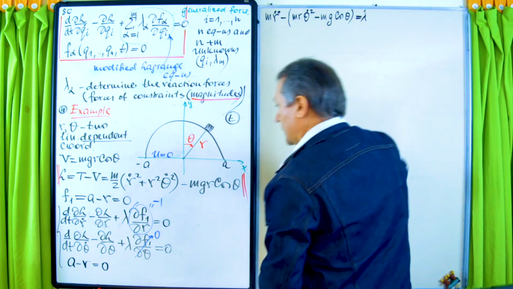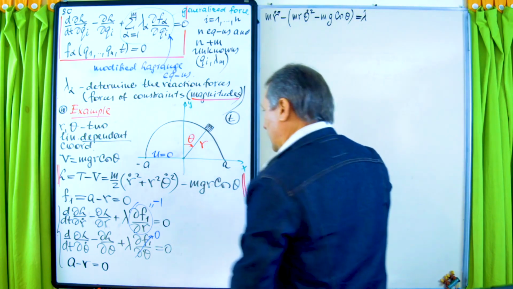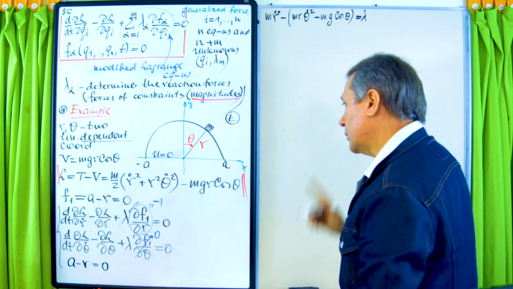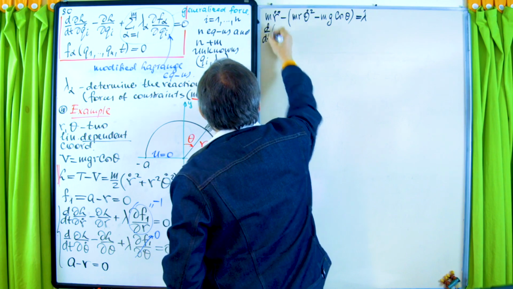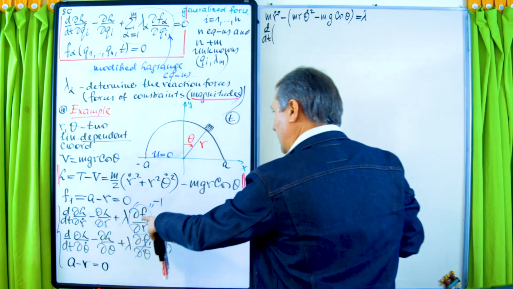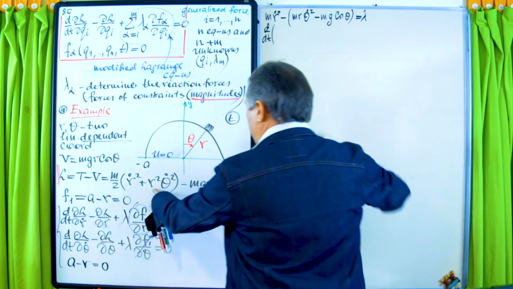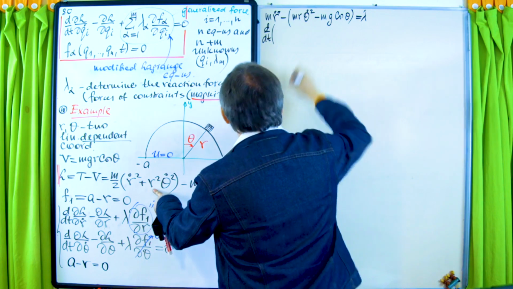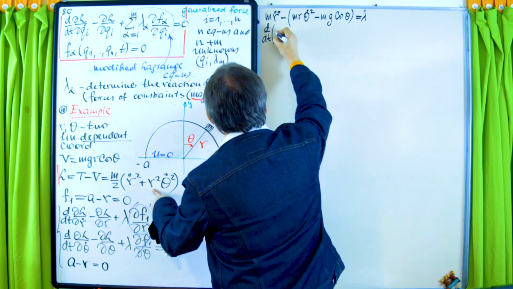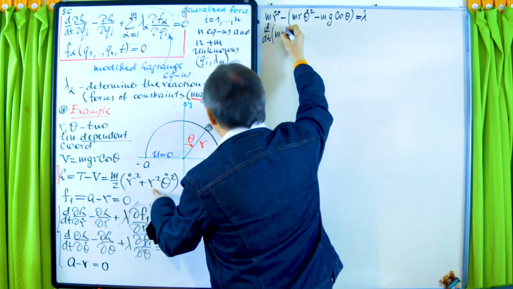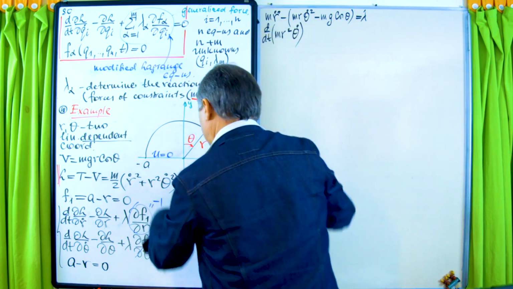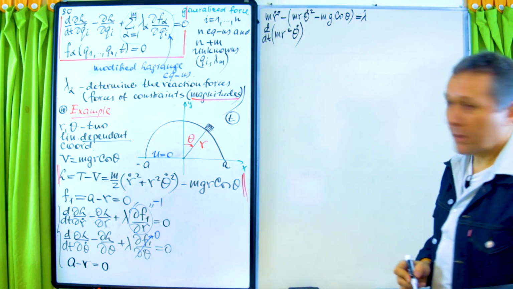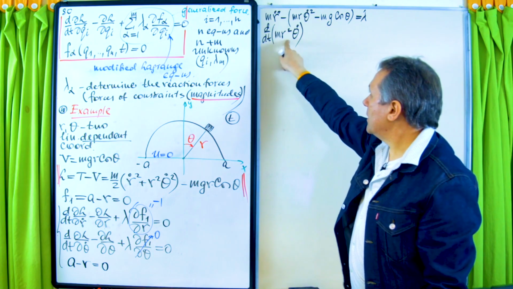Right, lambda. Now the second. I will keep d over dt, and in a second you'll see why, because now we have to differentiate with respect to theta dot. It will be m r squared theta dot. Why haven't I opened it immediately?